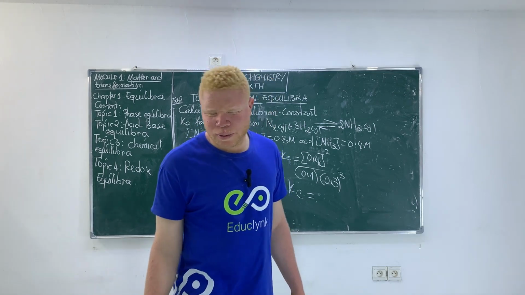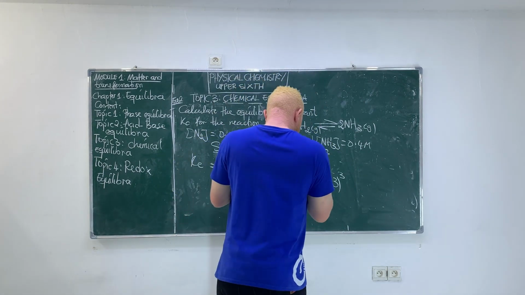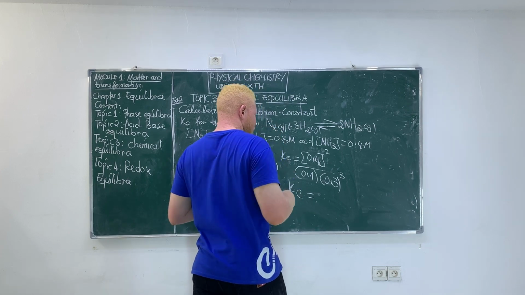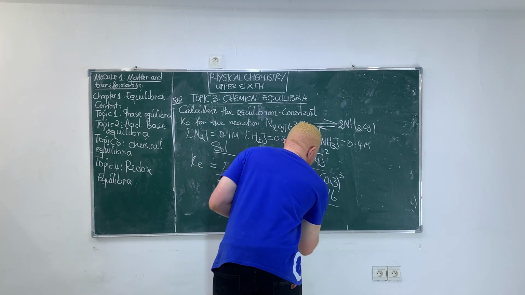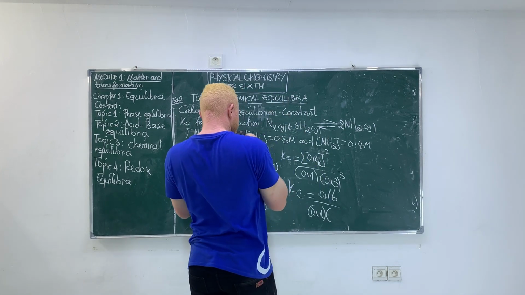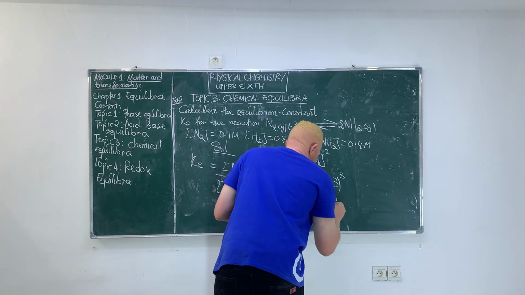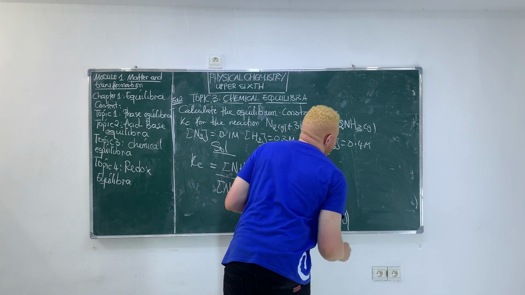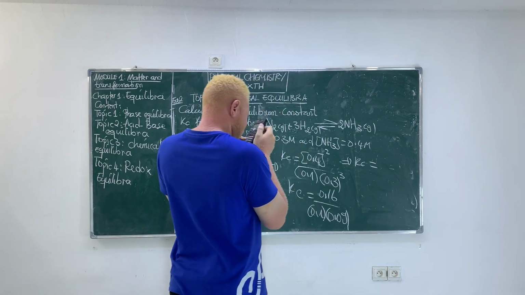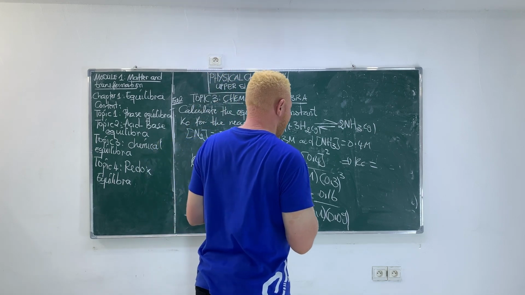We take our calculator again to punch. 0.4 times 0.4 equals 0.16, divided by 0.1 times 0.3 times 0.3, which is 0.09. 0.09 times 0.1 is 0.009.